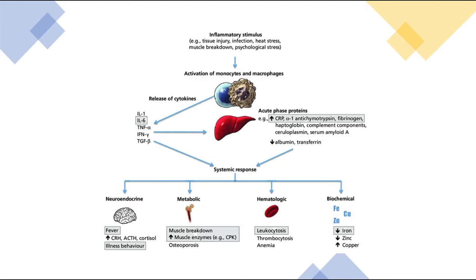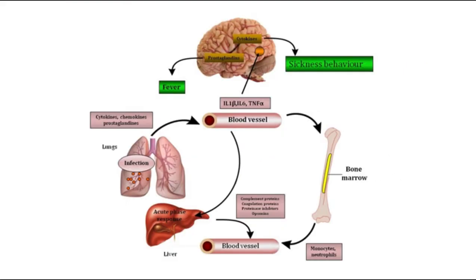Other cytokines, notably type 1 interferons, also contribute to the reaction. The acute phase response consists of several clinical and pathological changes: fever, acute phase proteins, leukocytosis, increased heart rate and blood pressure, decreased sweating, etc.